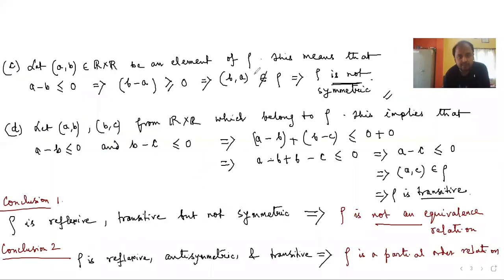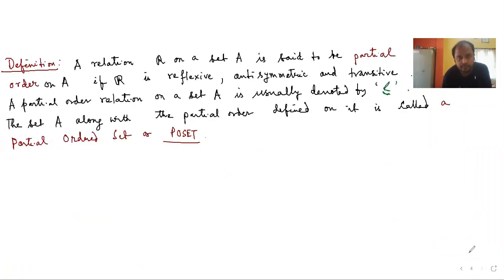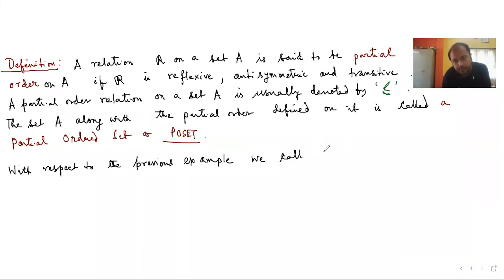So with respect to the previous example, we call the set of real numbers along with the relation rho, which is a partial order relation, to be a POSET. Okay.